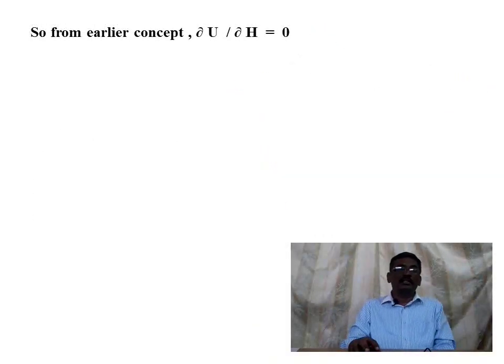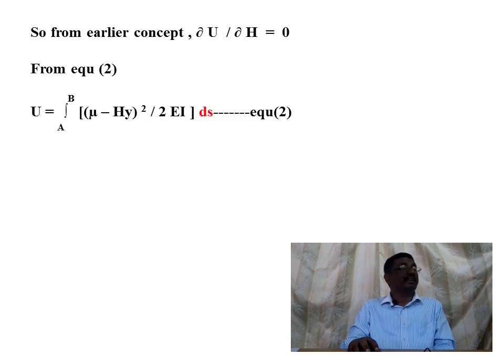From the earlier concept, we understood that dou U by dou H is equal to 0. So let us rewrite equation 2. Strain energy U is equal to the integral between A and B of (Mu minus Hy) whole squared by 2EI ds, that is equation 2 that we have seen earlier. Now let us differentiate the inner part of the integration.